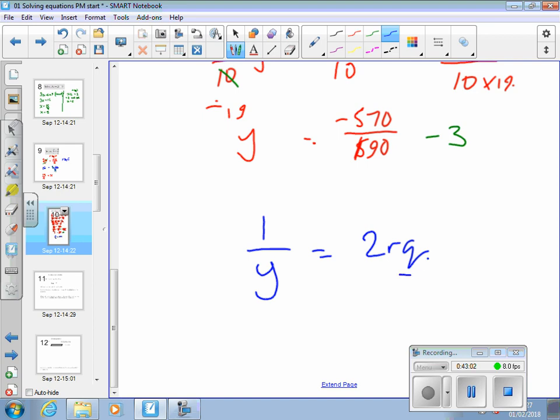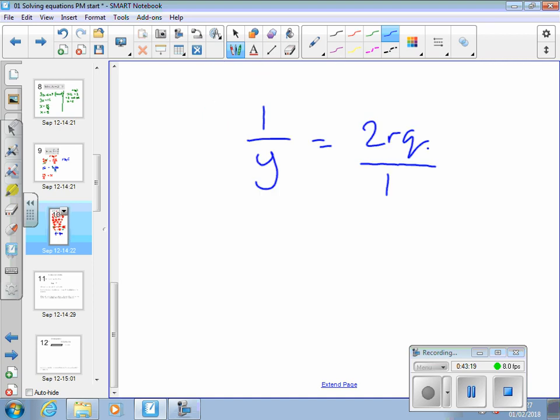That can be written as, effectively, saying I'm going to take the reciprocal of both sides. If I turn that one upside down, I can turn this one upside down. And y.